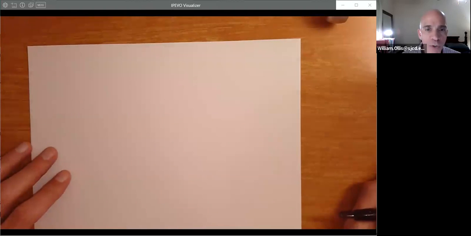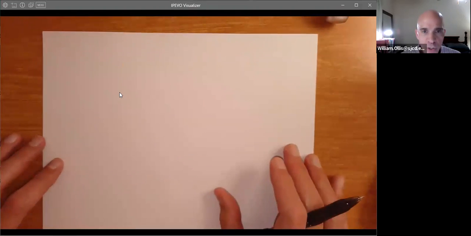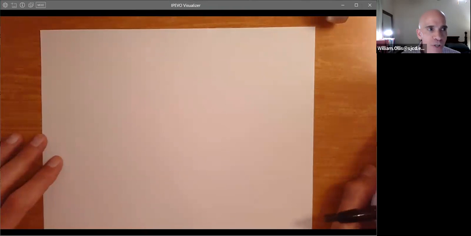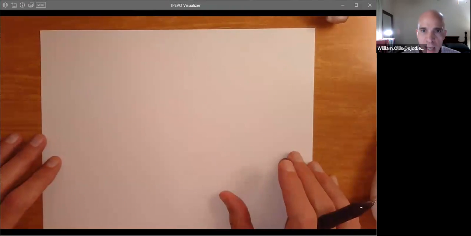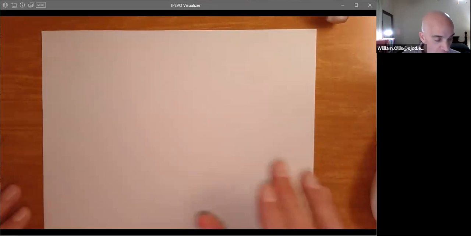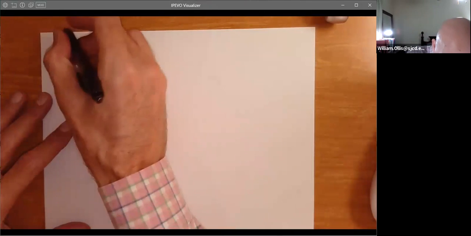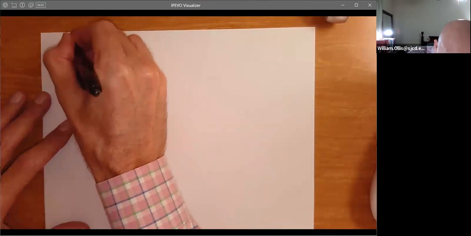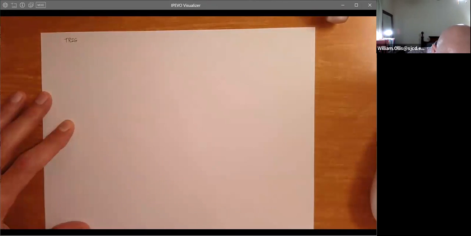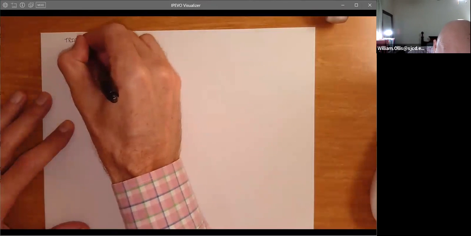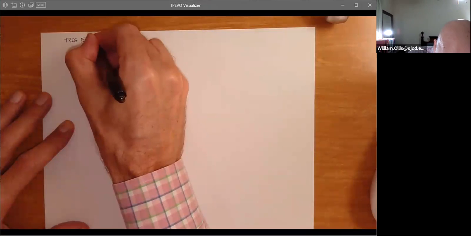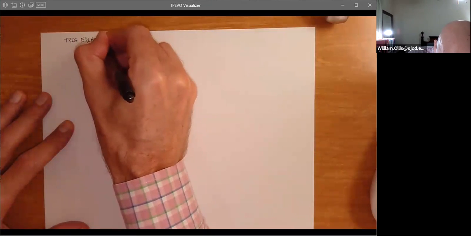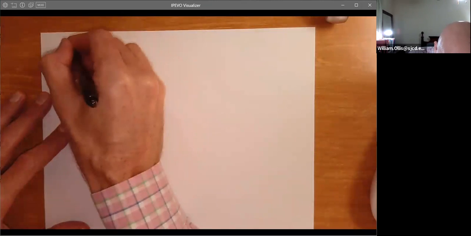So what I want to do, again, is to just do some examples of some equations so you can get a good feel for what we want to do. So I'll just say trig equations. It's a very broad topic. I mean, it's kind of like saying college algebra equations. That could be something that you can do forever.